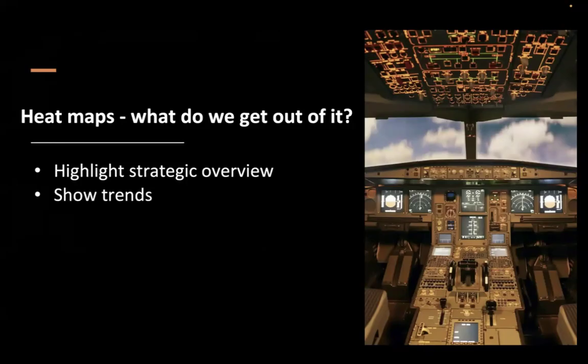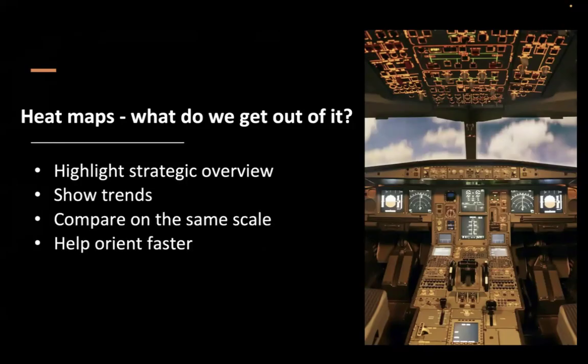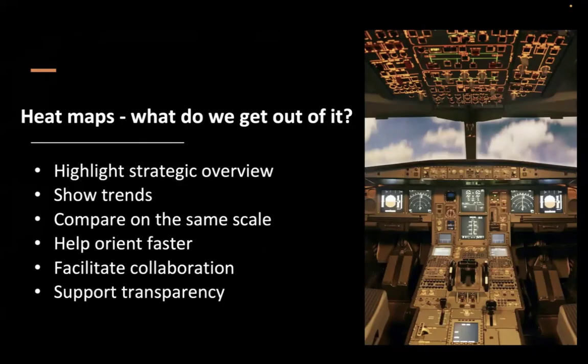You can also see trends, which is super helpful, and compare everything on the same scale. It helps you orient faster and also facilitates collaboration. It's best when you work together with the groups, and it helps drive prioritization.